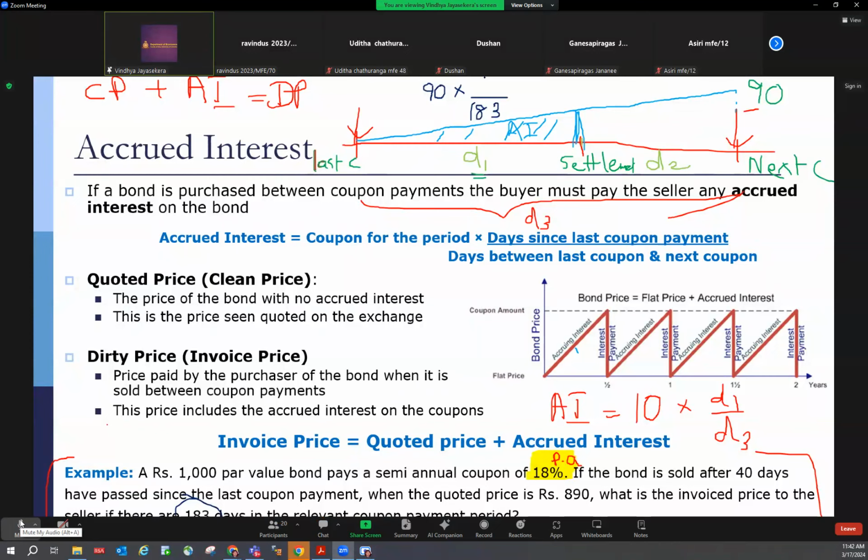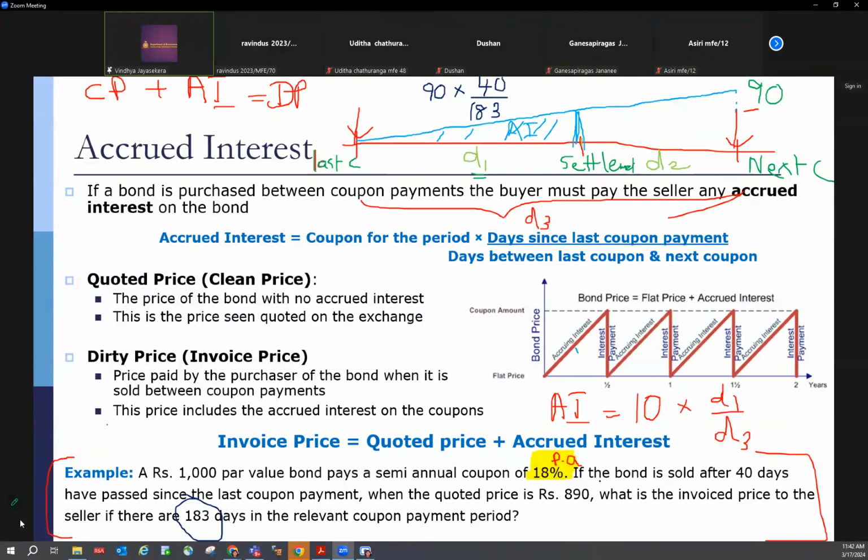Of this, 40 days of interest belongs to me, because the bond is sold after 40 days. So how much is this? 90 divided by 183 into 40, that's 19.67.